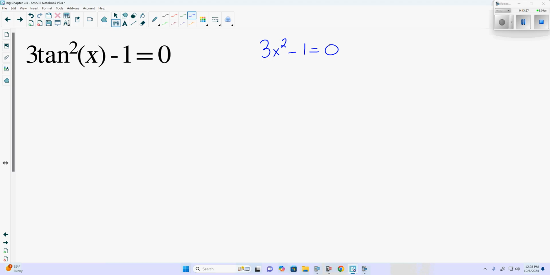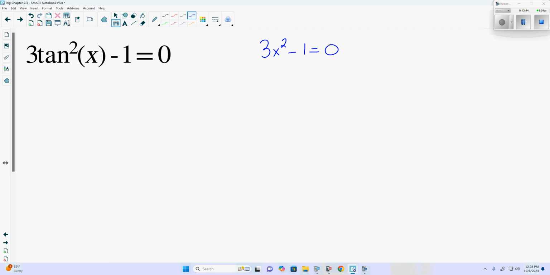We can solve this by the square root method, because the square root method works as long as we don't have a middle term. Here, our middle term would just be tangent of x.